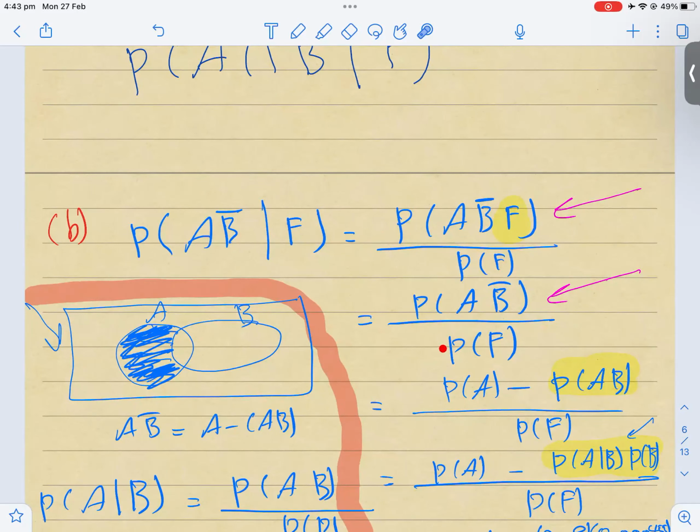So why was I able to write this one? See the numerator, probability of A B bar F. F disappeared suddenly. Why?